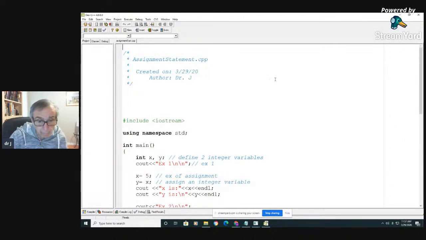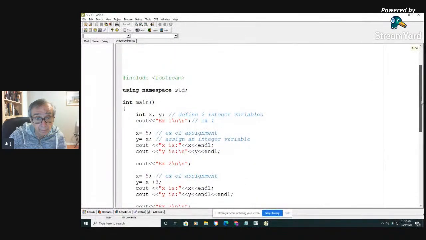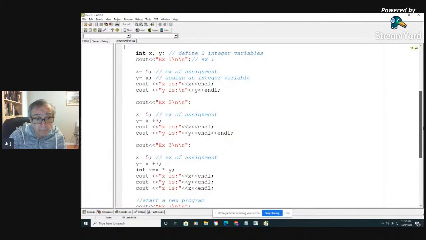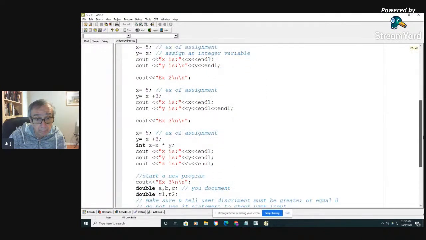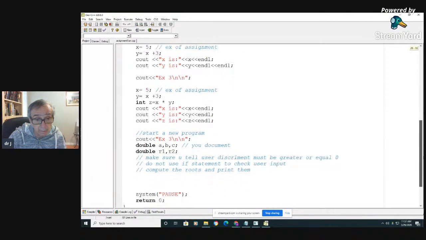Okay, things look better. So where did we leave off? We did a review of the assignment statement for integers. And then I decided to go ahead and use double, which allows for more flexibility. And I'm simulating the problem with the quadratic equation.